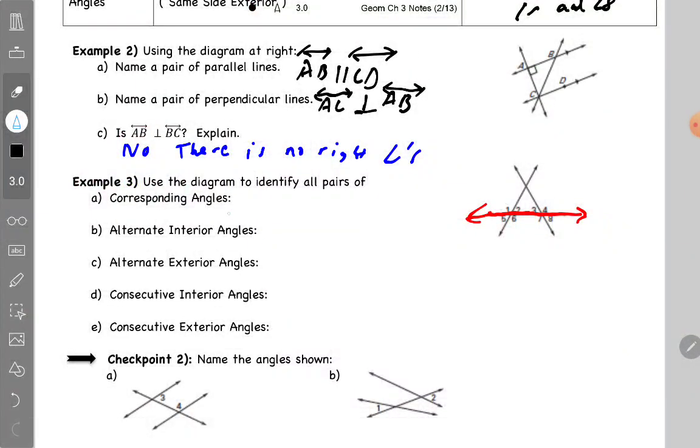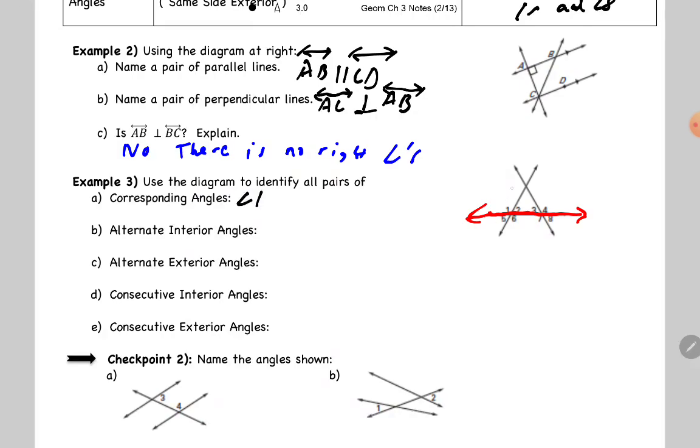Corresponding angles, same position. So angle 1 is in the top left of that intersection, so the top left of the other intersection is angle 3. Angle 2 is with angle 4, same position. And then angle 5 and angle 7, and then angle 6 with angle 8.